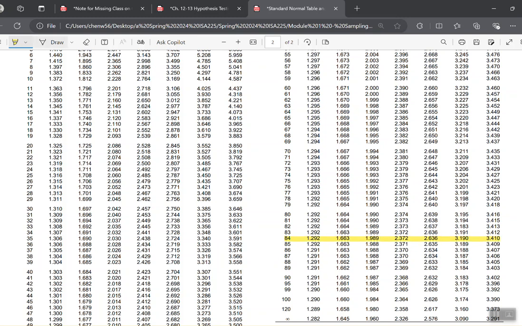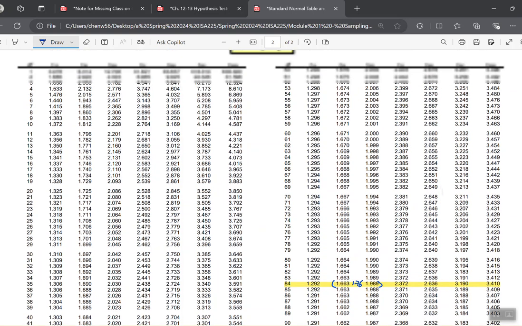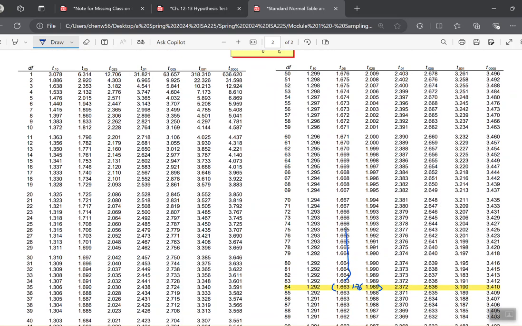And then 1.76 is between these two, right? 1.76 should be larger than 1.66 and less than 1.98. That means we want to go directly to the top. That means your p-value will be between 0.05 and 0.025.